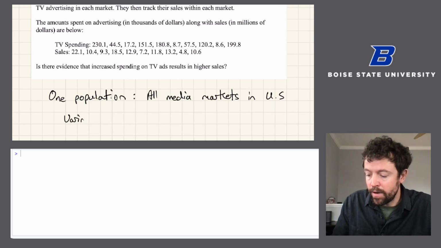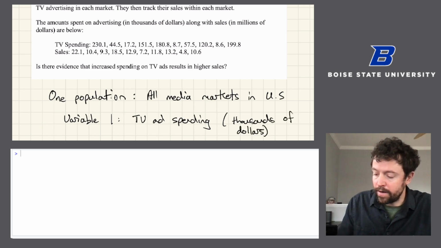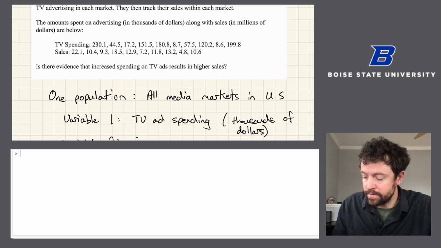So we have variable 1, which is TV ad spending in thousands of dollars. And our second variable, variable 2, is sales in millions of dollars.